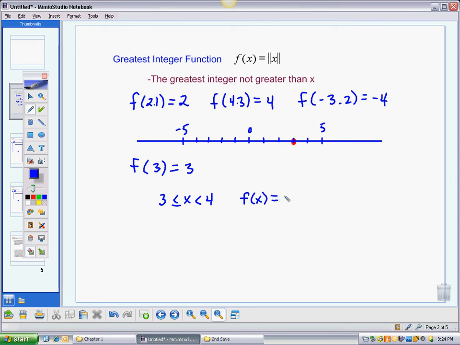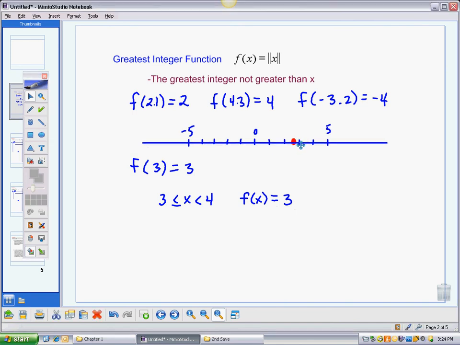It would have an output of 3, because anywhere from 3 up until 4, the greatest integer not greater than the input would be 3.